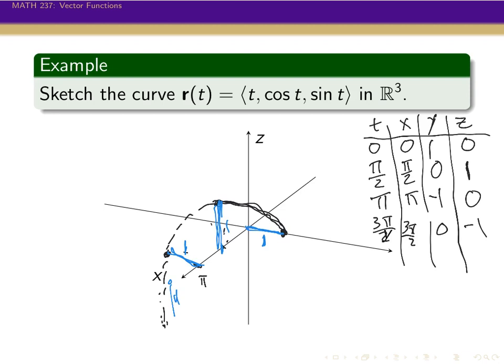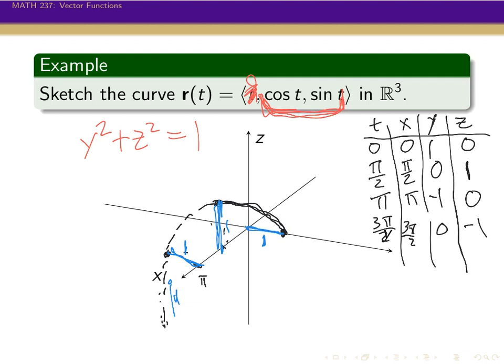And how can we see that that has to be happening? Well, we've got our cosine and sine right there. If we ignored the x-coordinate completely, the y and the z-coordinate are giving us y squared plus z squared equals 1.